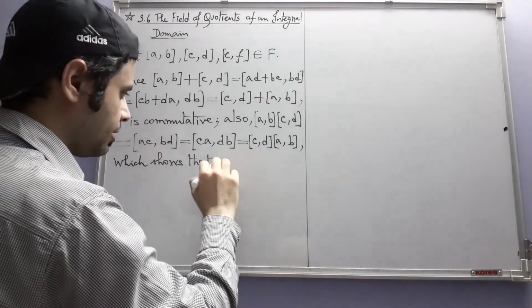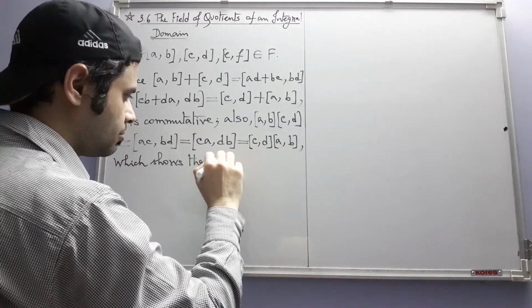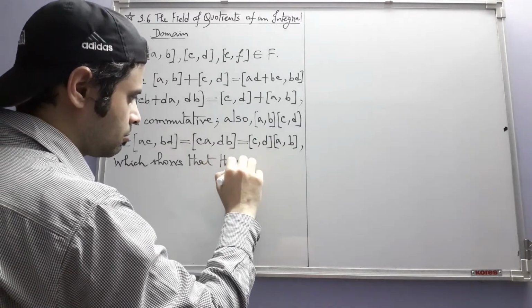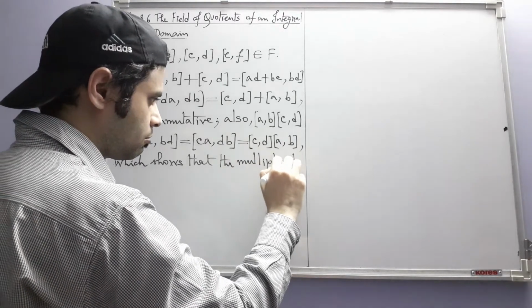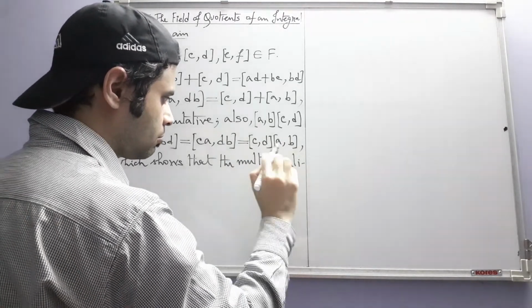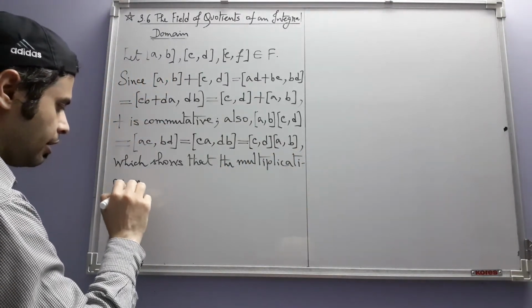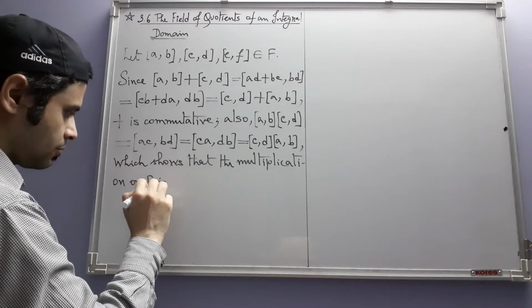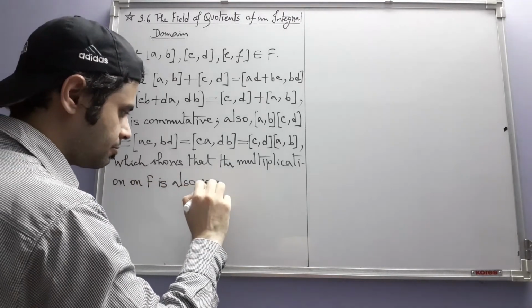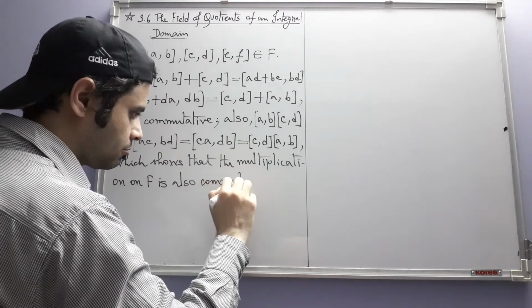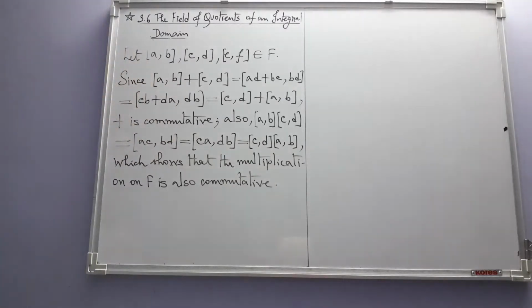Which shows that the multiplication on F is also commutative.